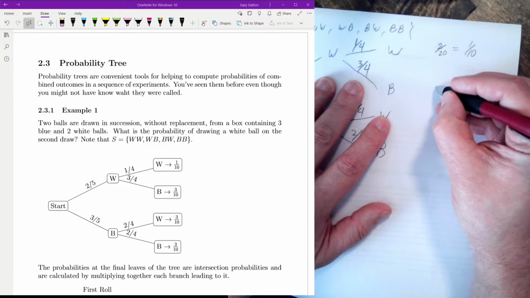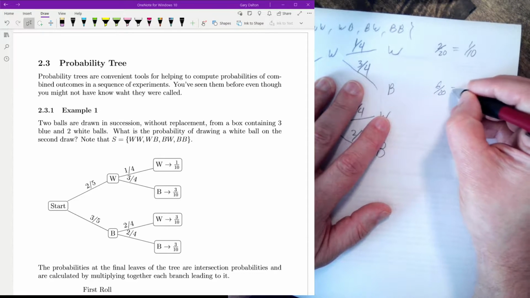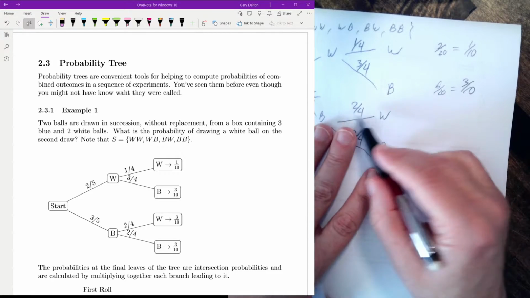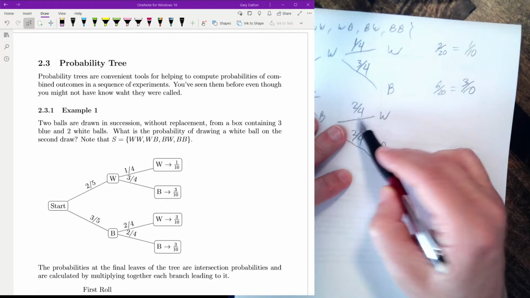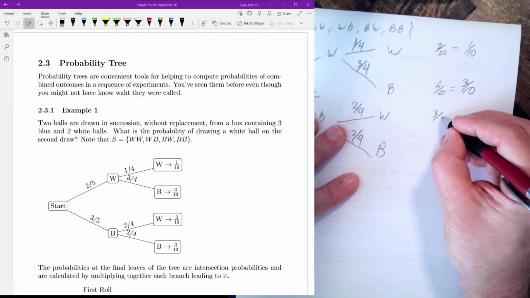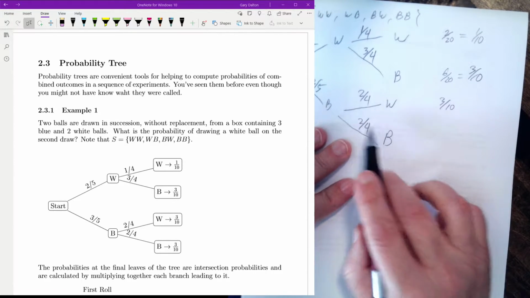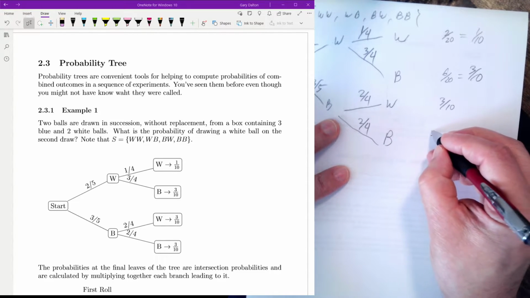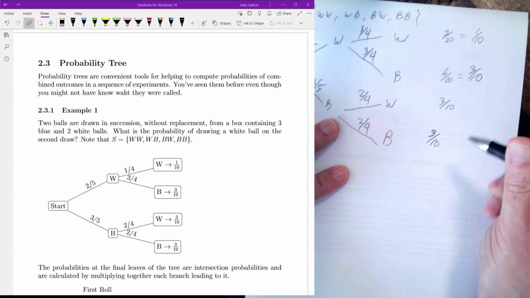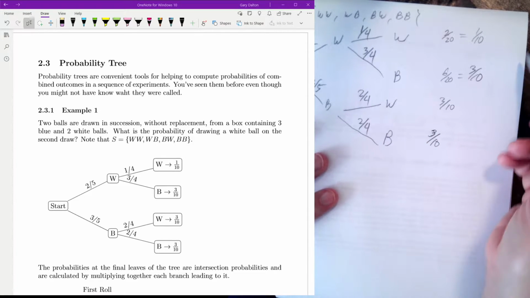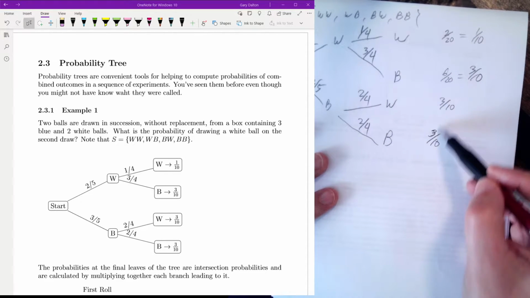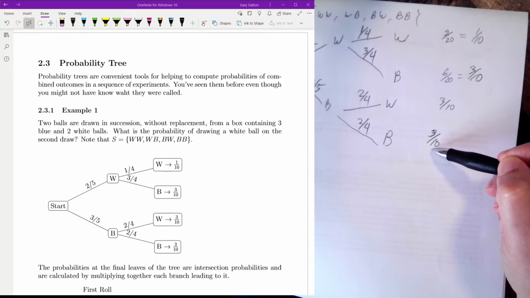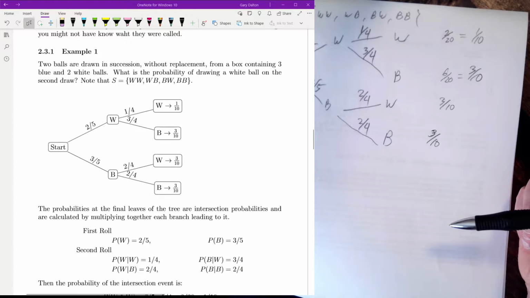Then 6/20, which is equal to 3/10. Again, 6/20, so 3/10, and 3/10. And I'm going to do a quick double check. I've got 1 plus 3 plus 3 plus 3 is 10/10. So the sum here is equal to 1, and that's what I would expect.